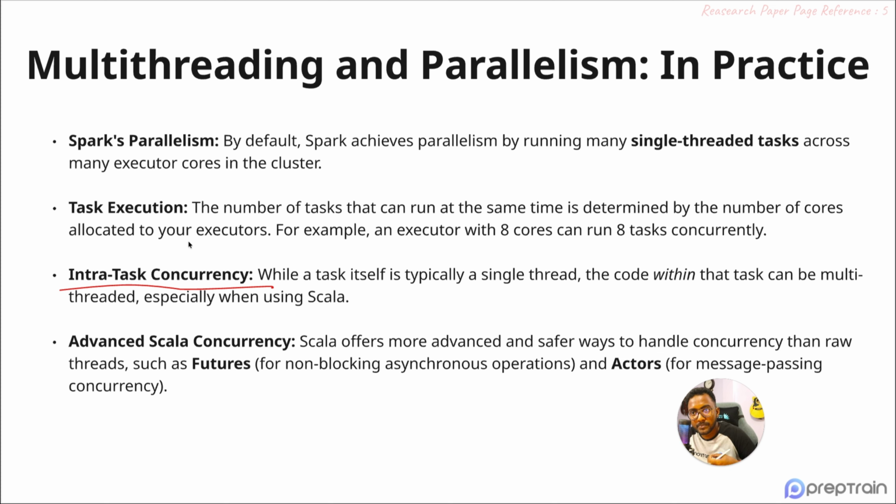Scala provides much more advanced and safer ways to handle the data. We are talking about futures for non-blocking async operations, or actors for message passing concurrency, and likewise. This allows a Scala developer to build very sophisticated, highly concurrent logic inside a Spark task.